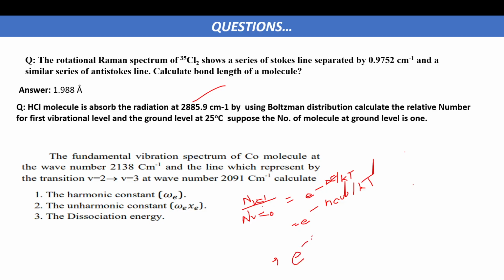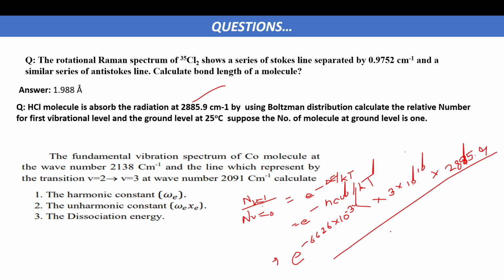E minus 6.626 to 2885.9 upon what was KT?